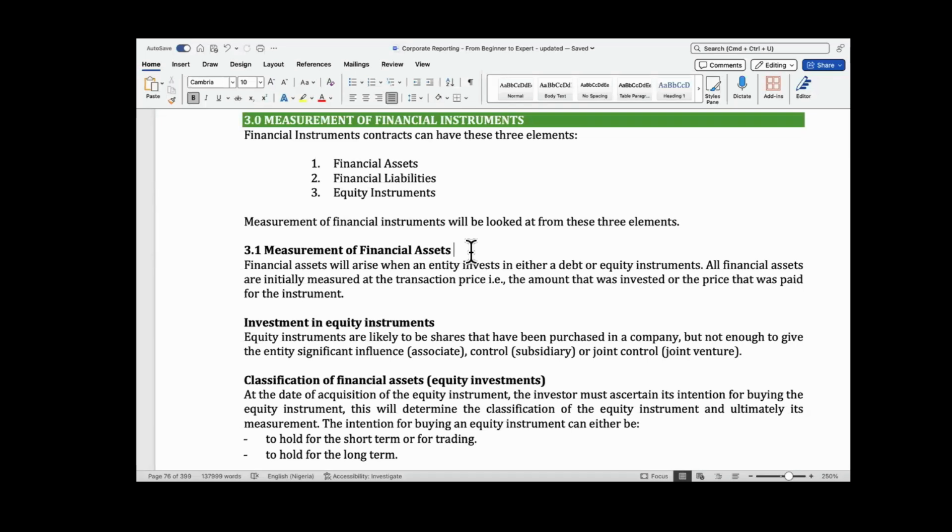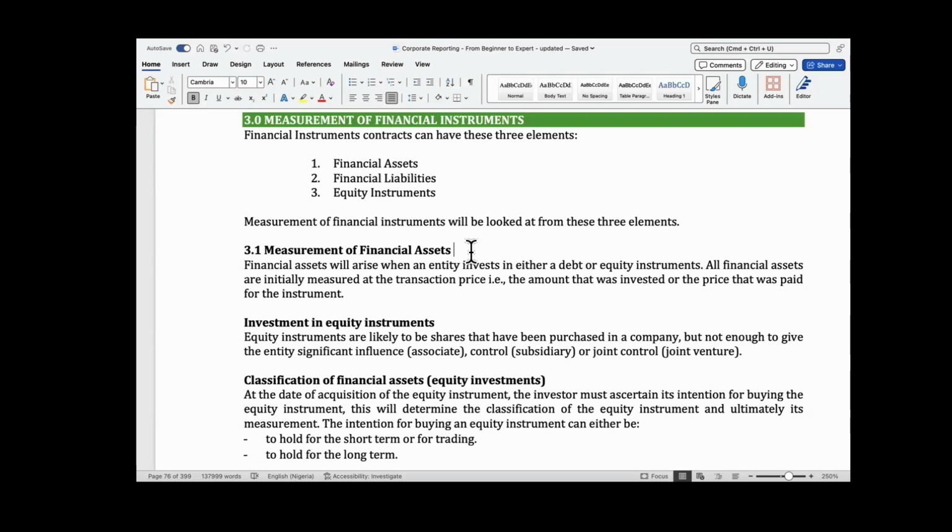Recently, banks were issuing their shares. Some of you might have bought, some companies might have bought. If you or your company bought it, you have a financial asset. Whoever invested in those shares has a financial asset.